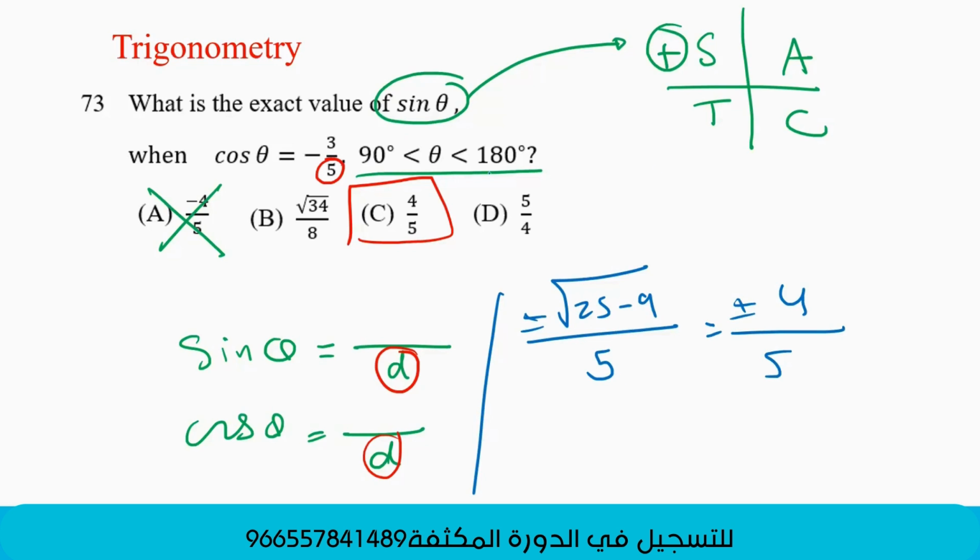But since this is in the third quadrant, sine is going to be negative, isn't it? Just a sec. Sorry. This is the third quadrant, isn't it? No, this is the second. Sorry. So in the second it's going to be plus 4 over 5. So yeah, it's the same answer. Are we good?